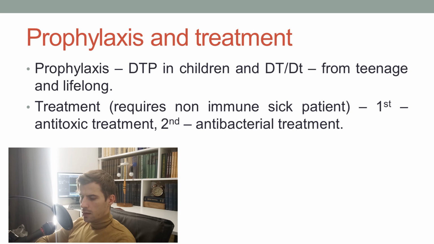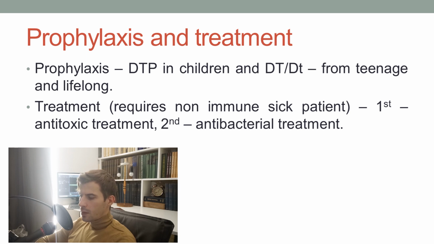So here you can understand that the immunity is not lifelong, and even if diphtheria is known as an infection which affects children, it can also affect adults if the person is not immune. Regarding the treatment, of course, treatment is required for a non-immune sick patient. The first part of the treatment is antitoxic treatment, and the treatment is to be started namely with antitoxic treatment.